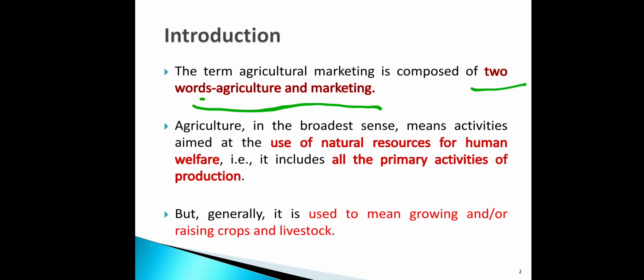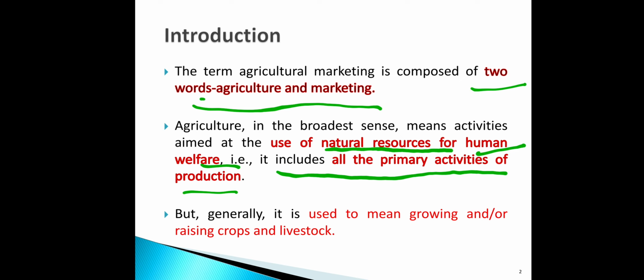Agriculture in the broadest sense means activities aimed at the use of natural resources for human welfare. That is, it includes all the primary activities of production. Normally, in a broader sense, we call agriculture those activities in which we use natural resources for human welfare.